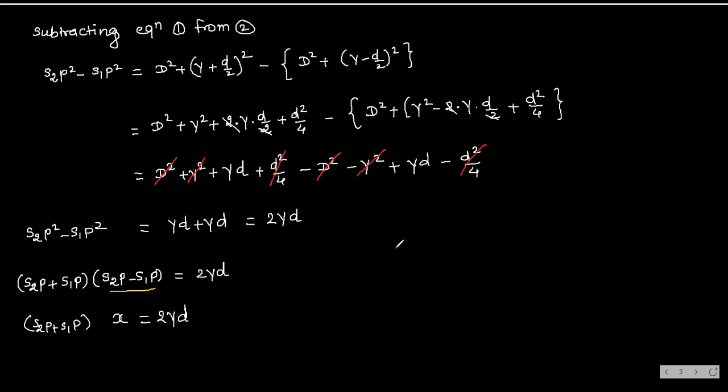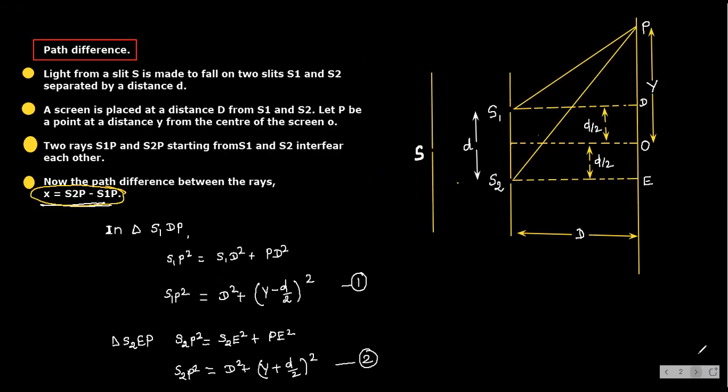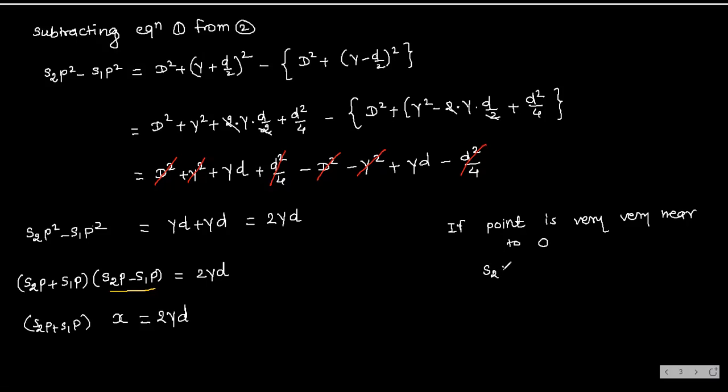Now, if point P is very near to O, because here you see this is the center point, it means S2P is going to be nearly equal to S1P, which is exactly a straight line.